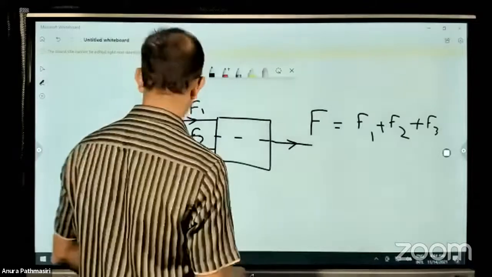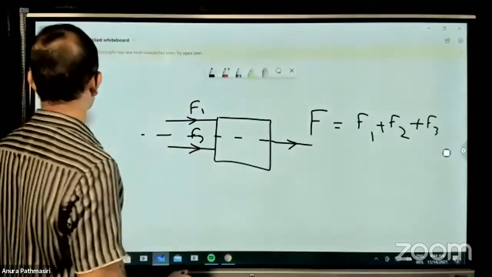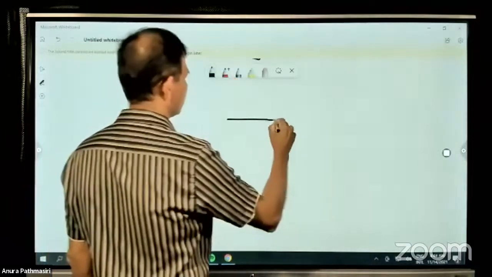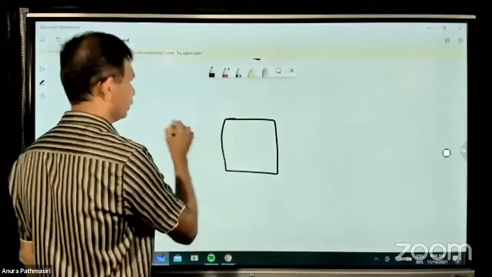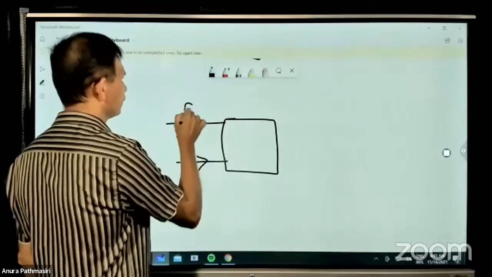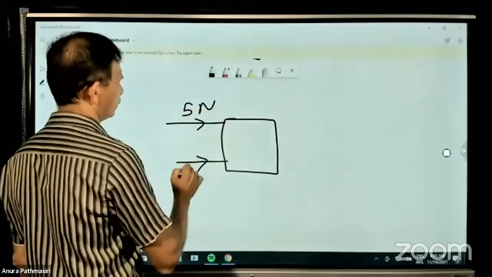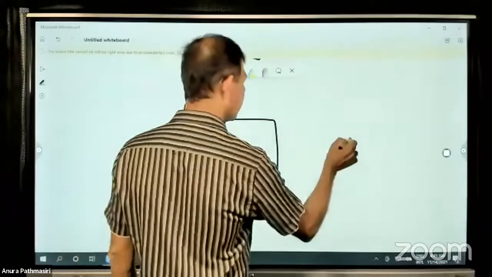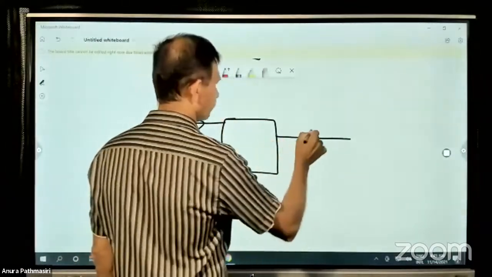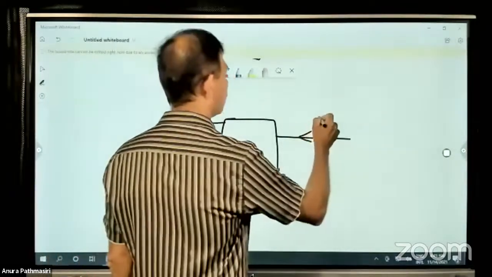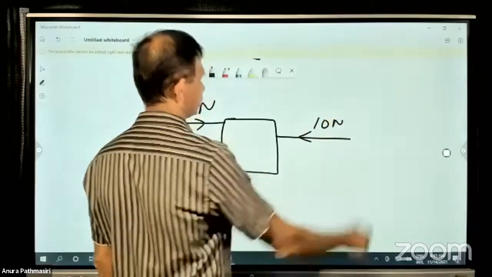For example, there is an object, and two forces are applied as 5 Newton and 8 Newton, and another one applies force in the opposite direction, and that will be 10 Newton.